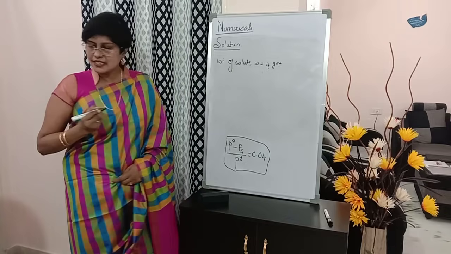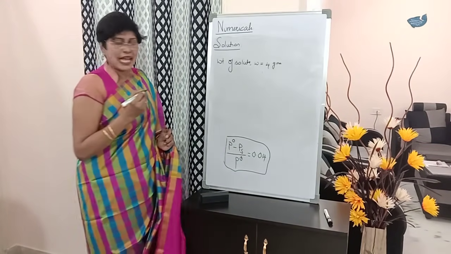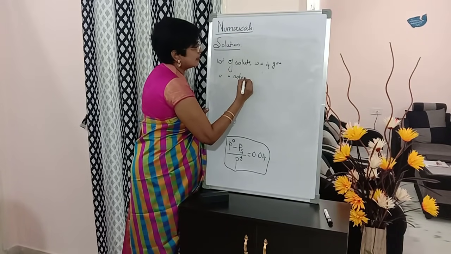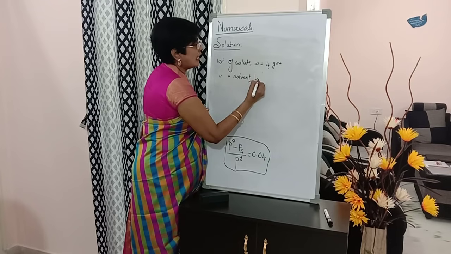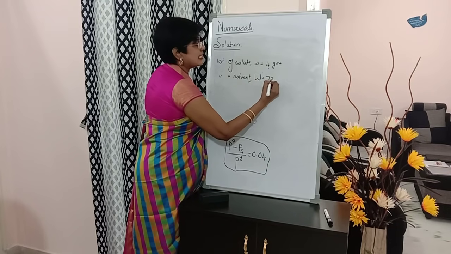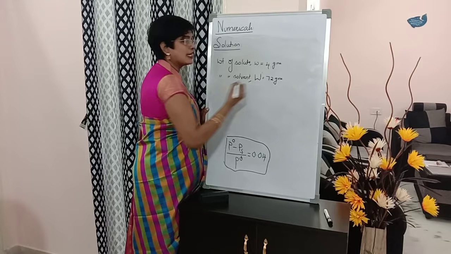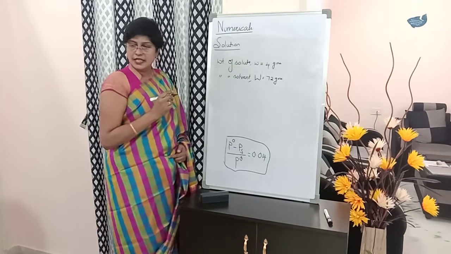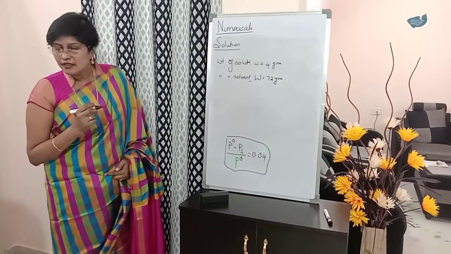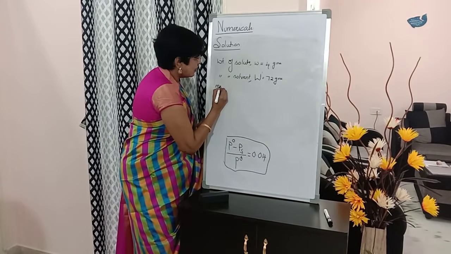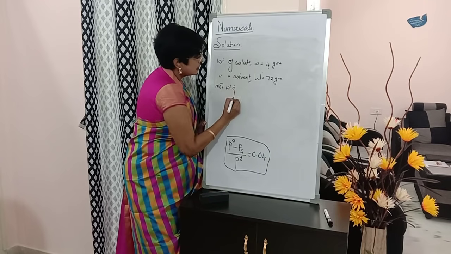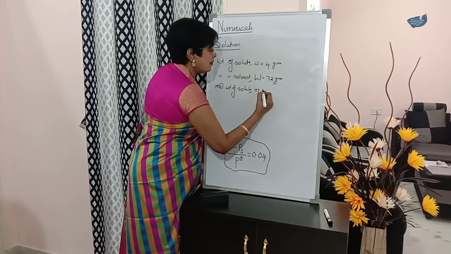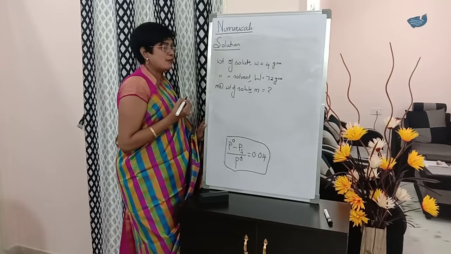This is dissolved in 72 grams of water. That means weight of solvent, denoted by capital W, which is given as 72 grams. So this is solute and this is solvent. Next, what is to be calculated? Molecular weight of solute, denoted by small m, is equal to question mark.